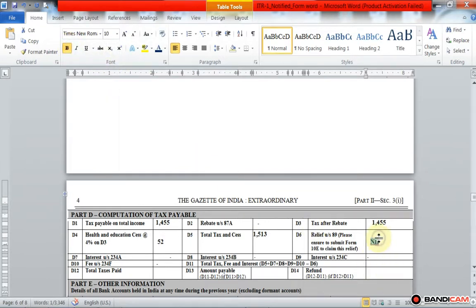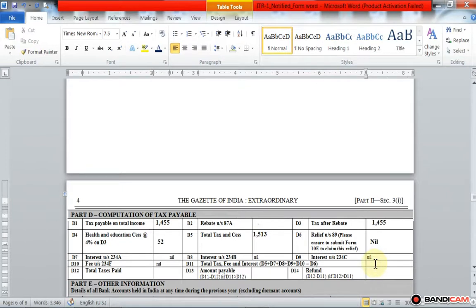Then interest nil, then fees nil, then nil.